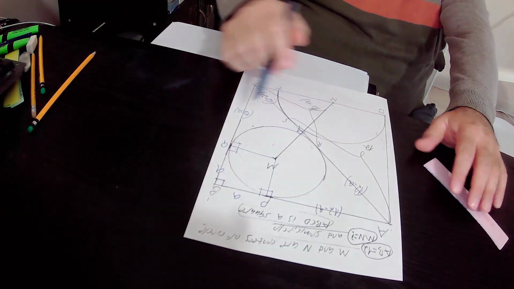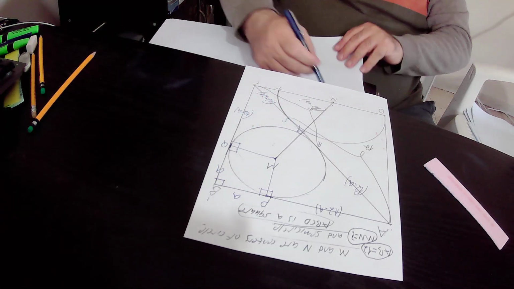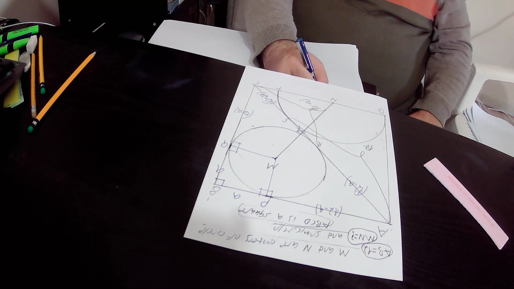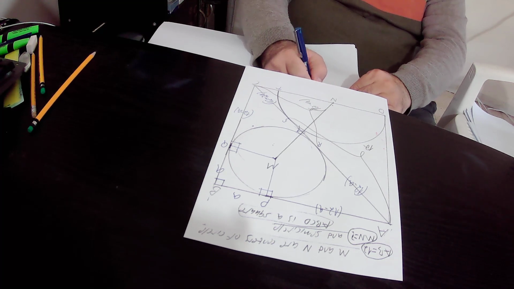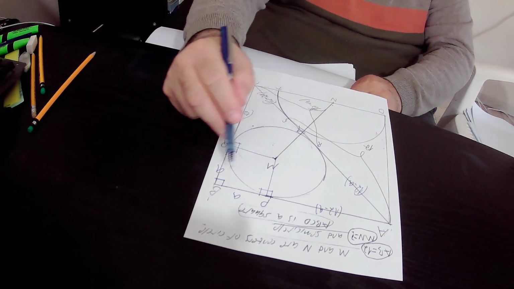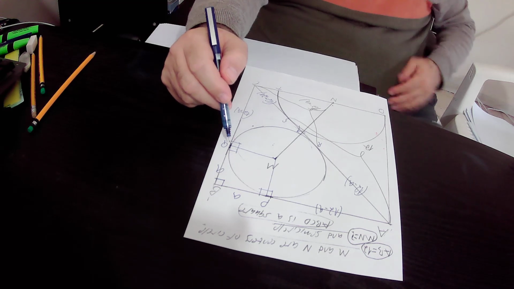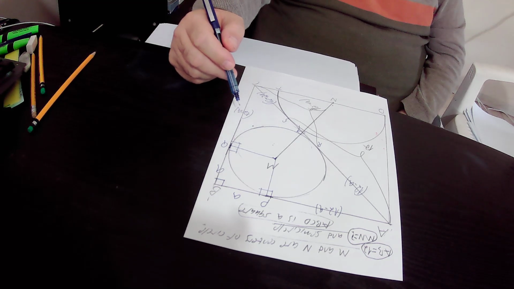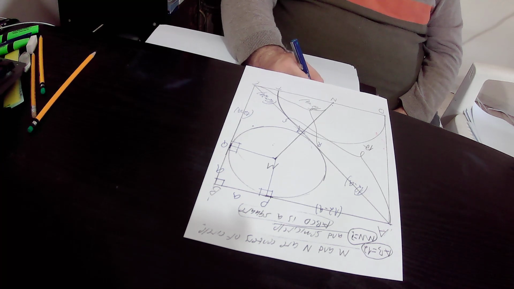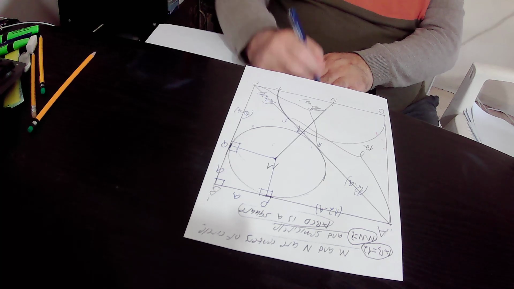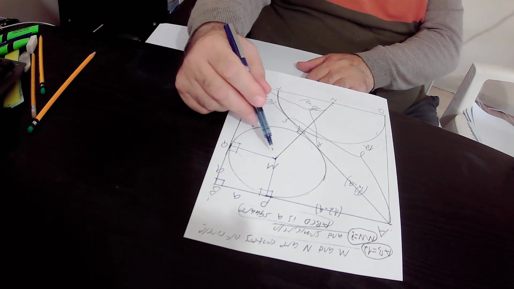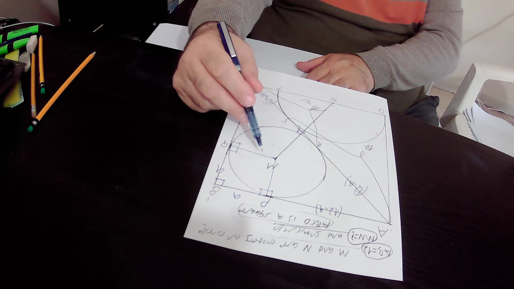So here in quadrilateral PBMQ, we have one, two, three right angles, and the sum of three right angles is 90 times 3, which is 270 degrees, plus the size of the fourth angle, that is actually angle PMQ.